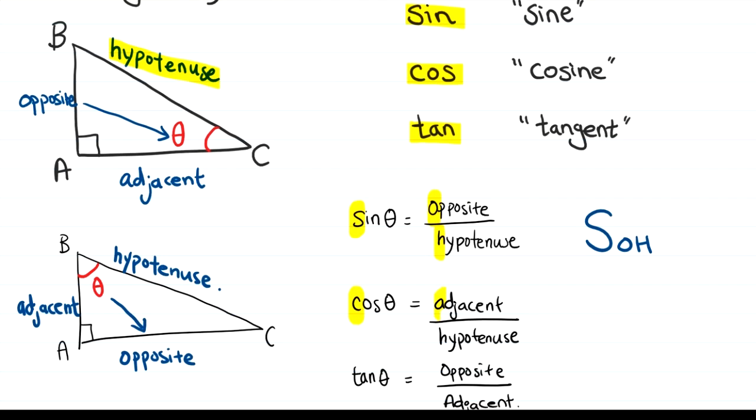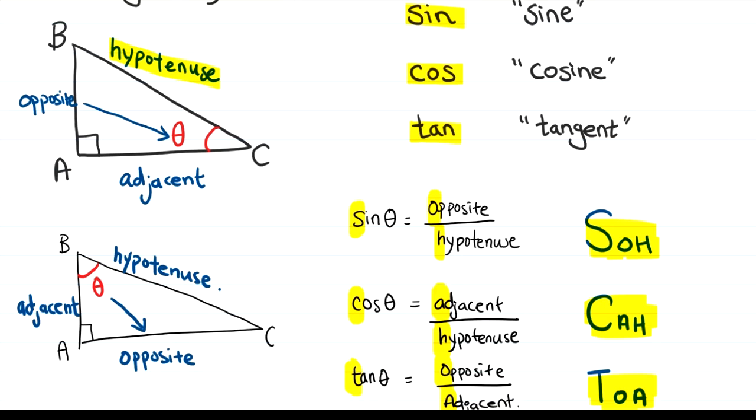Cosine, same rule, is adjacent over hypotenuse. Tangent is opposite over adjacent. So how do we remember? SOHCAHTOA. So that's how you remember.